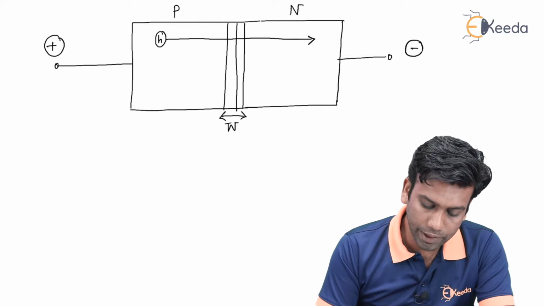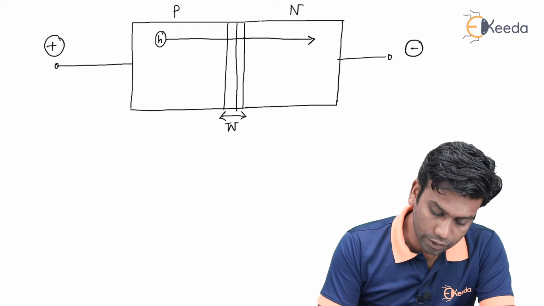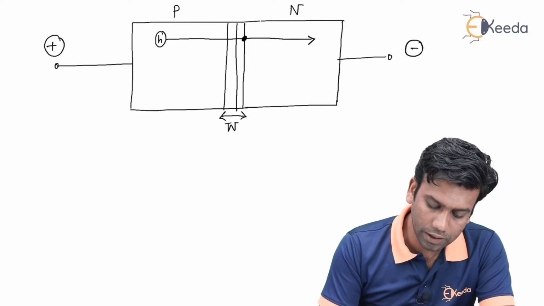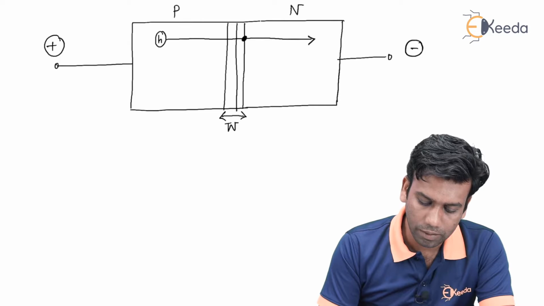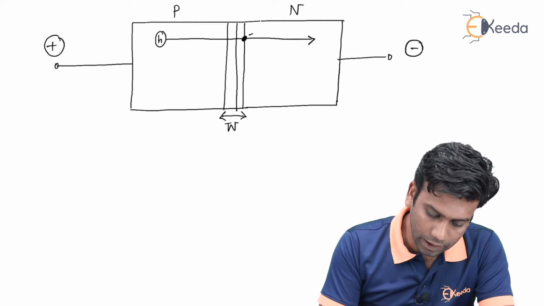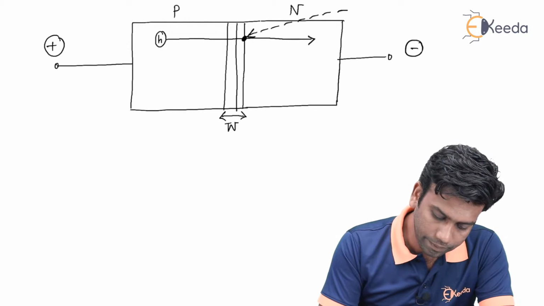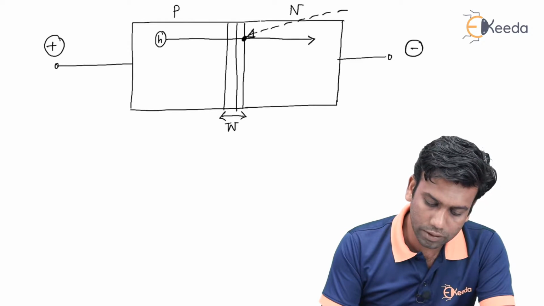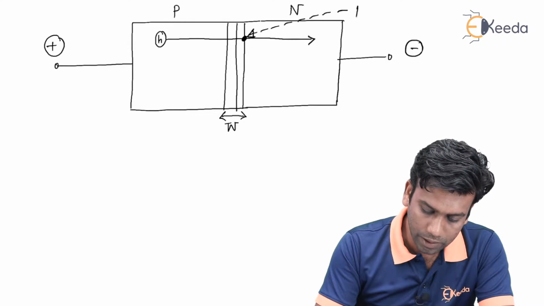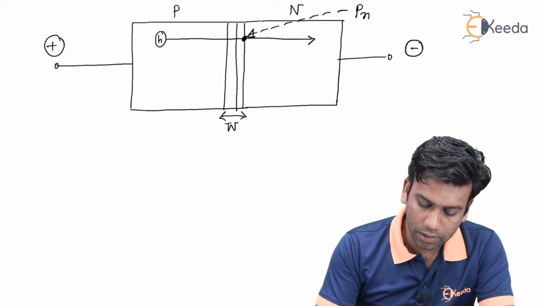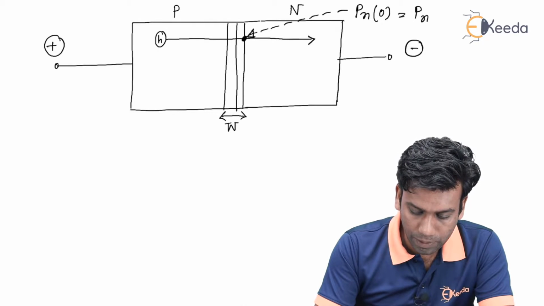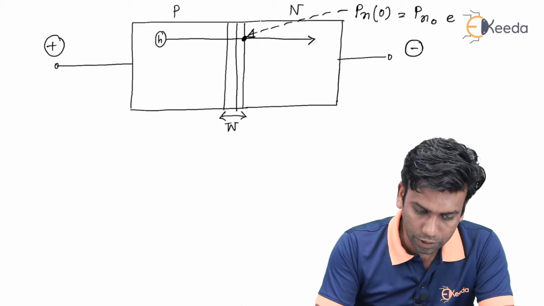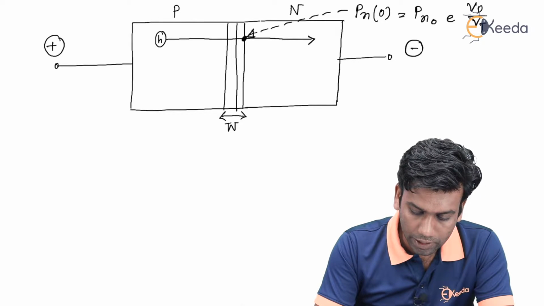During this movement, when the holes cross the depletion region into the N side, they become injected minority carriers, and the concentration of the holes can be written in this form: P N, that means holes in the N side at x equals 0, can be written as P N0 e to the power V d by V t.